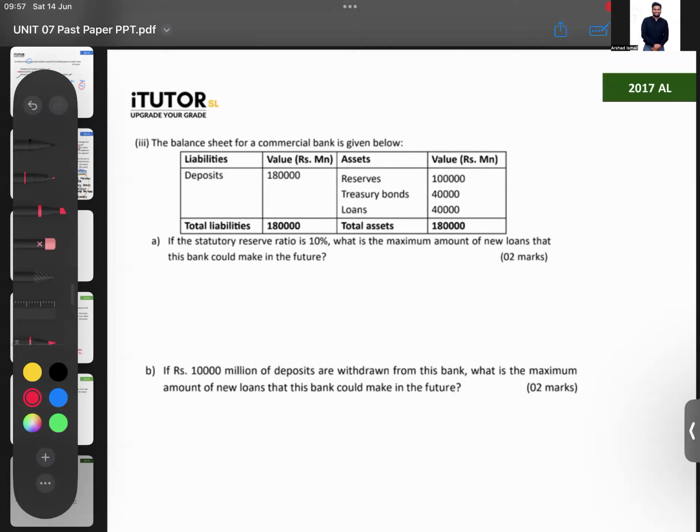Check the papers from 2013 to 2016, Paper 2, question number 6. Just quickly go through the questions and see if there's any credit creation question. Have I missed anything? Because in the tute, I haven't put it. I'm just wondering if I missed anything. Quickly check. 13, 14, 15, 16. Is there any credit creation question?